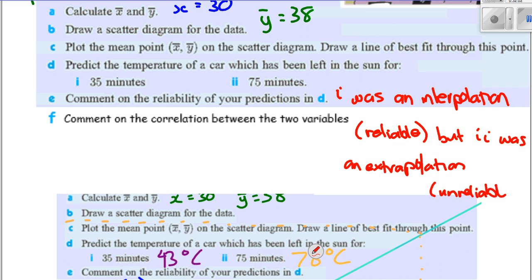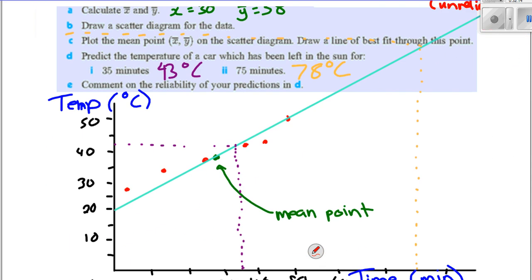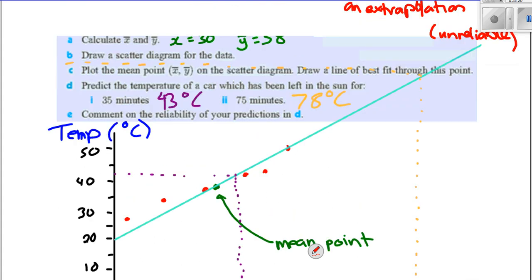Sorry about the writing, but the pen's kind of about 20 centimeters off where the ink's appearing. And then comment on the correlation between the two variables. So correlation, let's see, would you say it's positive, negative? Let's say it's positive, and it's reasonably strong. You could say, so feel free to say reasonably strong.